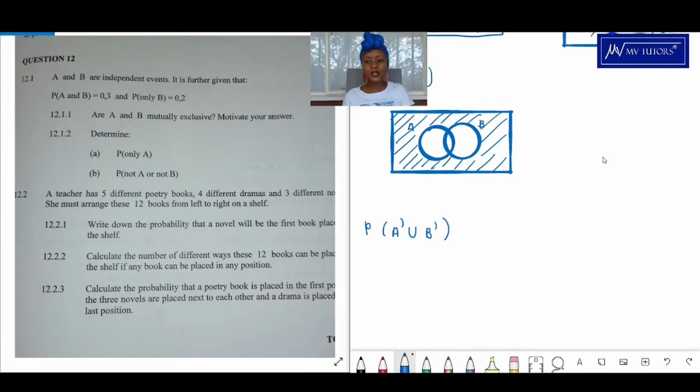Okay, so with that as well, what I would look at, just to simplify my life, is the probability of A or B.